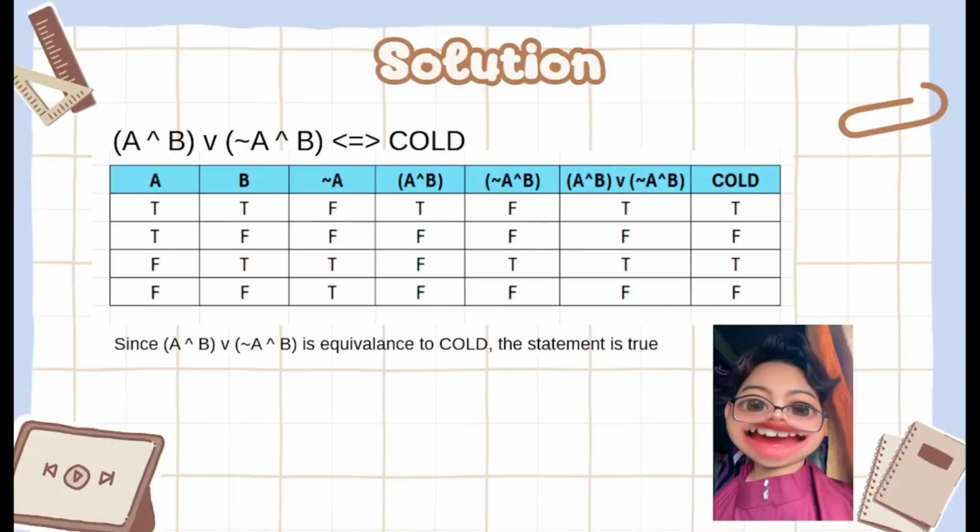Next. So this is our solution for cold water. A and B, or not A and B, equivalent to cold water. For input A, true, false. For B, true, false. And for not A, false, true. A and B, true, false.